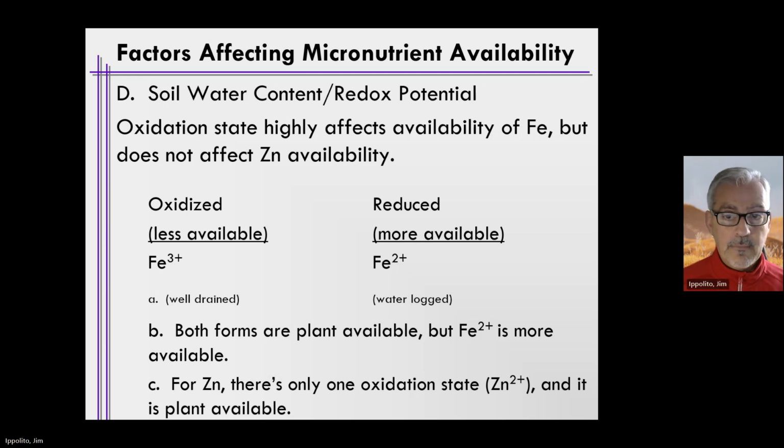This is why. In our oxidized soils, iron is found as iron 3+. And in our reduced soils, or soils that are very saturated for prolonged periods of time, iron is found as iron 2+.